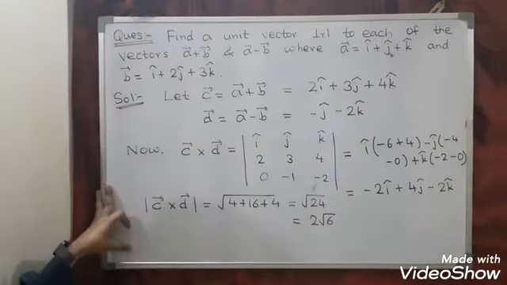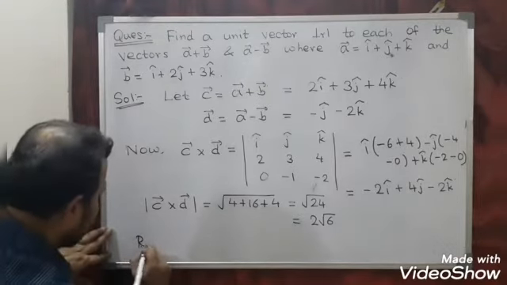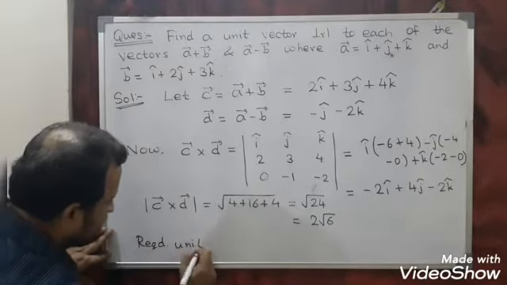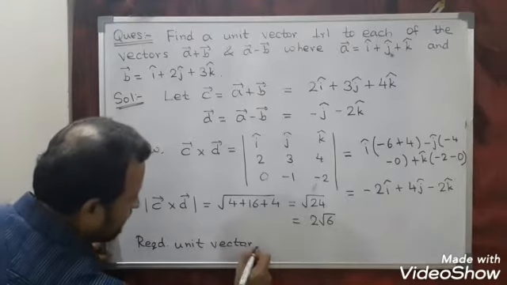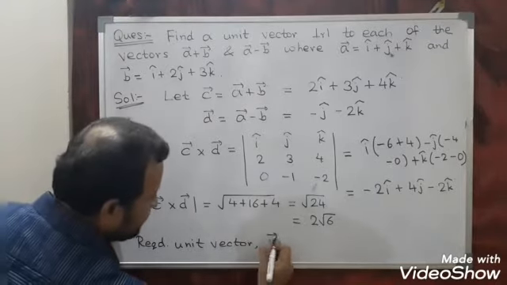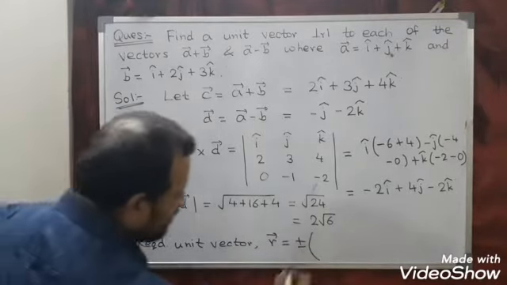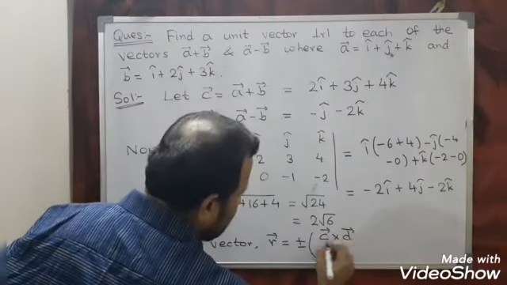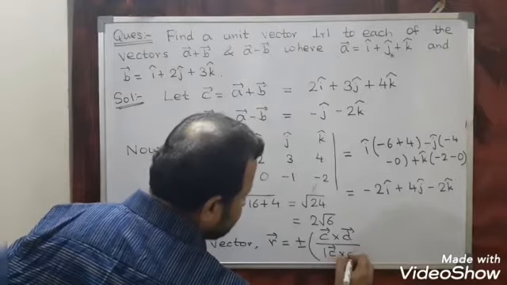So 2 root 6. Now what is the formula to find unit vector? So here I can say required unit vector R vector is equal to plus minus, formula is C vector cross D vector divided by magnitude of C vector cross D vector.